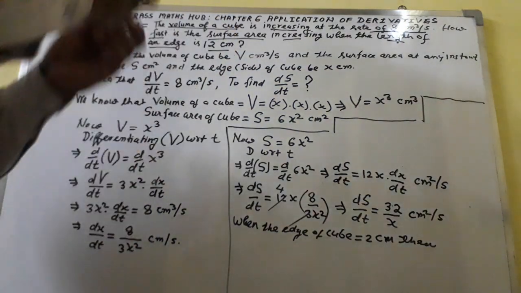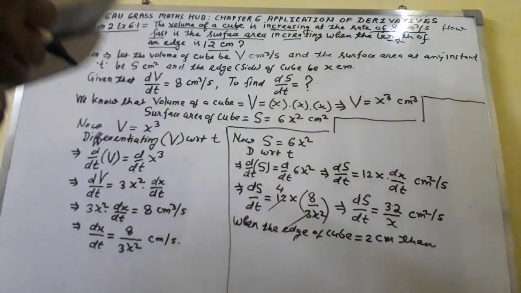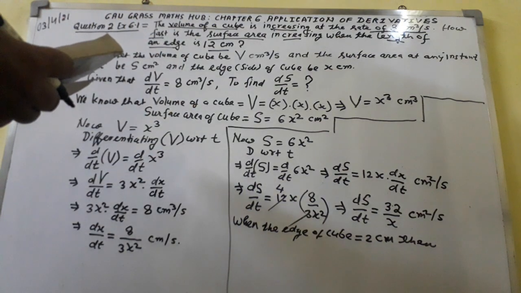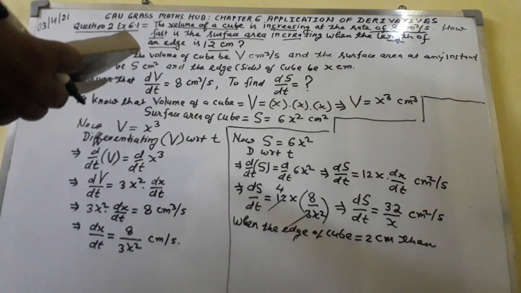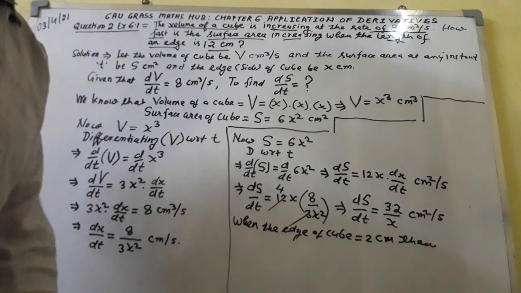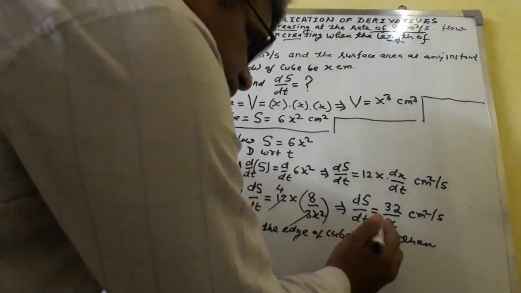Just check in the question what is written, 12 here, not 2. 12 centimeter it is written. So this is 12 centimeter.